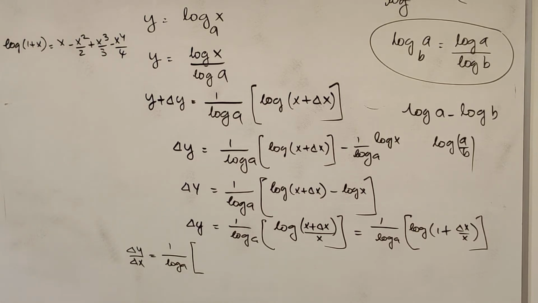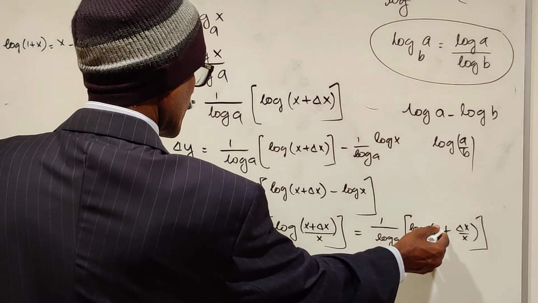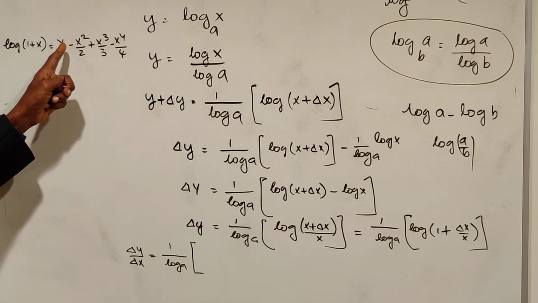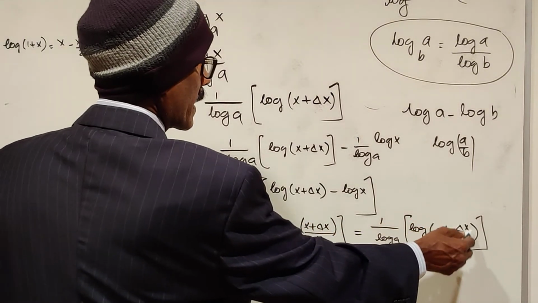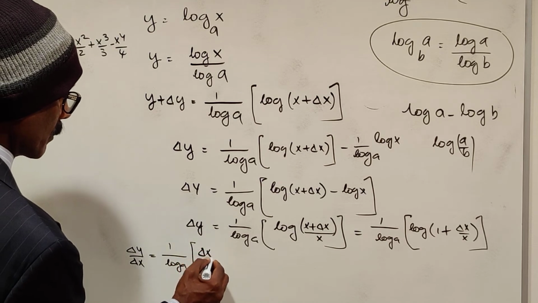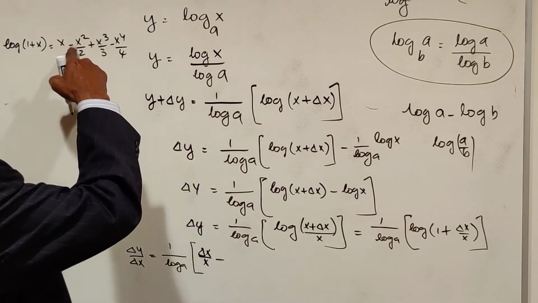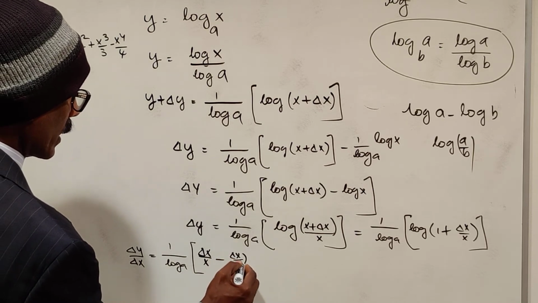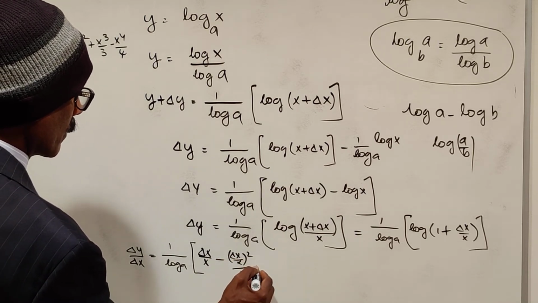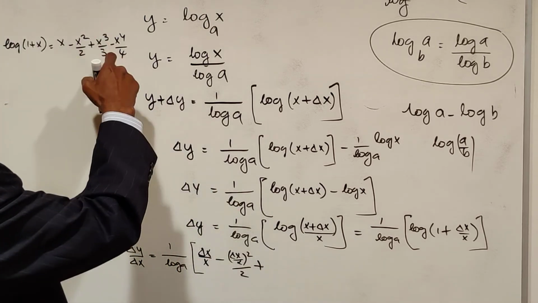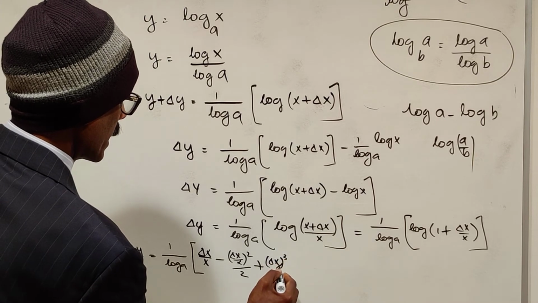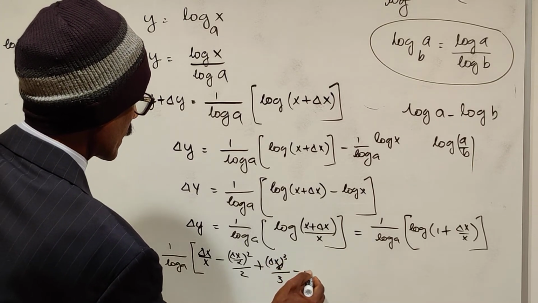That is the formula. Here log 1 plus x is x minus, where x is delta x by x. So delta x by x minus delta x by x square by 2 plus delta x by x cube by 3 minus etc. Close the bracket.